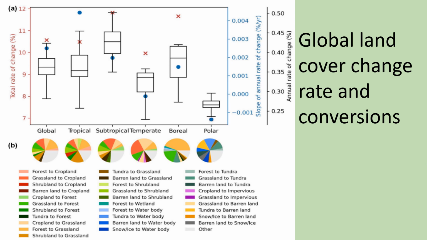As far as the stock candlestick chart up here, I didn't really understand it, but the way I'm looking at it, in the polar region there's very little to no activity, and it's definitely lower than everything else, and the most active is going to be in the tropical and subtropical regions, or the temperate regions. I guess even the boreal region. But anyway, these conversion rates are grasslands to croplands, forest to grasslands, shrublands to grasslands, cropland to forest, barren land to cropland, barren land to shrubland. So have fun looking at that.